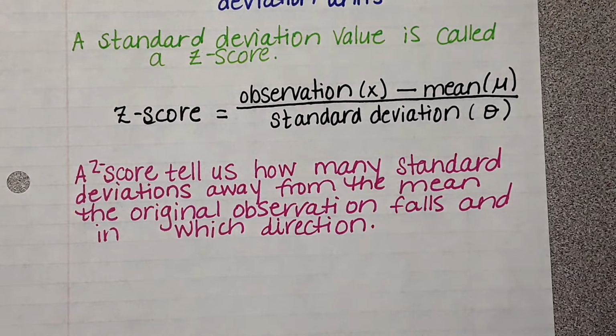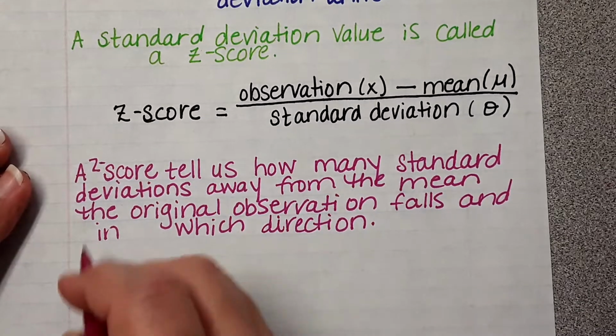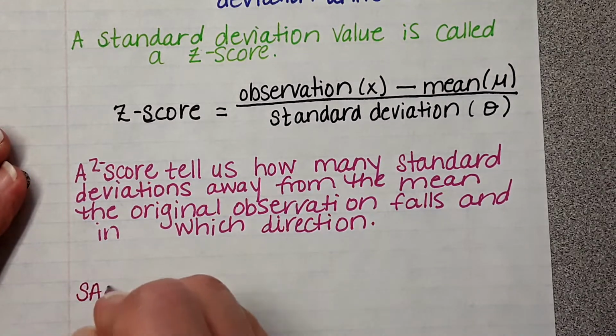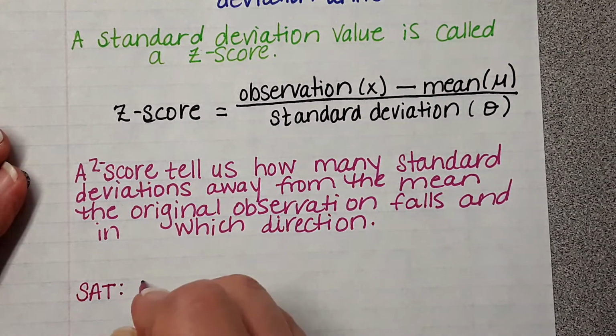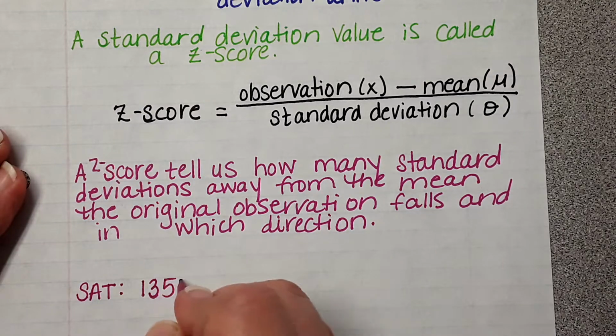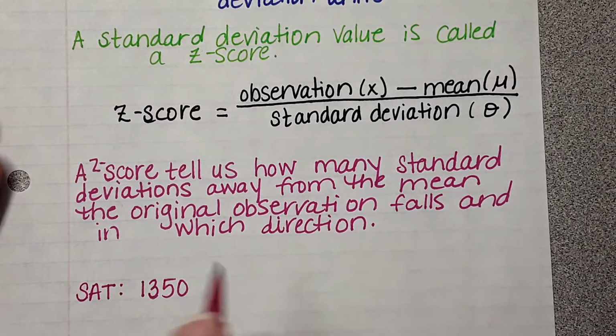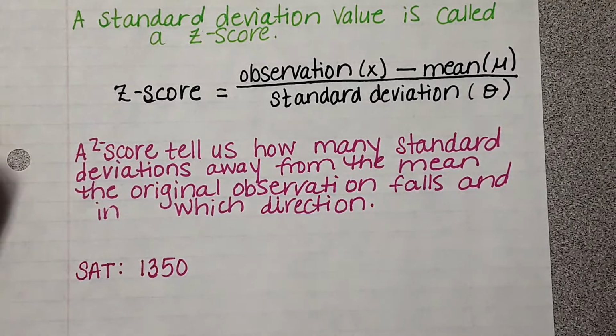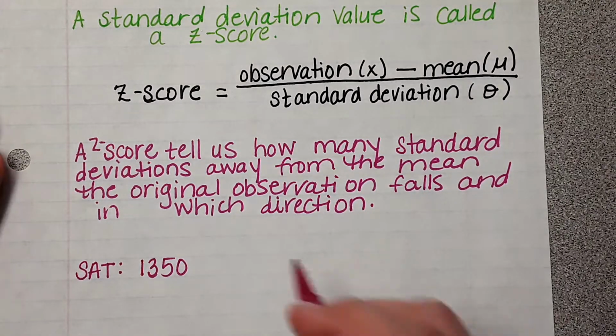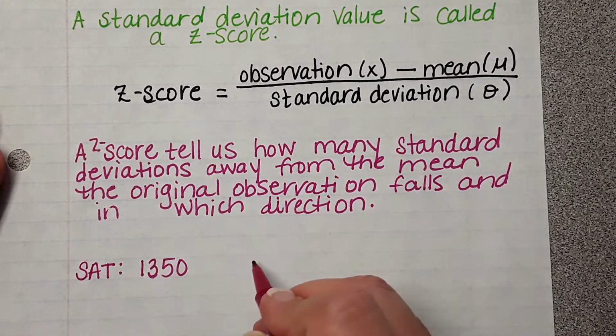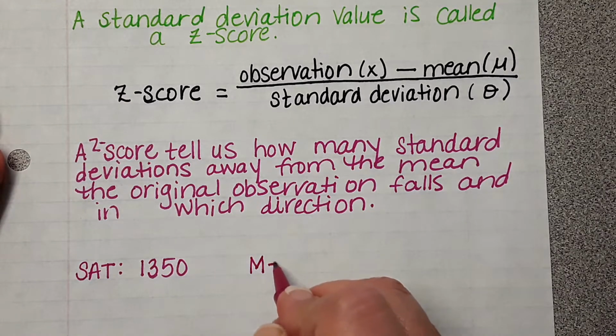Okay, so I finally looked it up. Okay, so we have an SAT score of 1350. Believe it or not, some of you think that that is the mean score. I looked it up. The mean score of the SAT is not 1350.